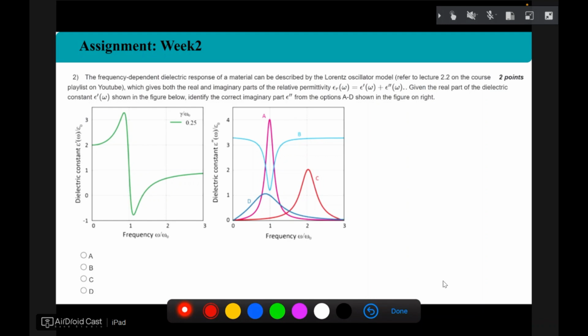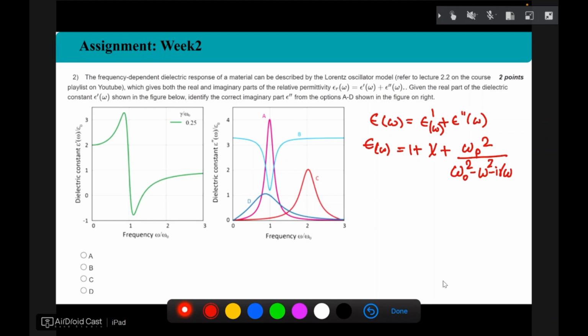If we remember, epsilon of omega is equal to epsilon prime plus i epsilon double prime. I will just talk about the real part also. We have this equation that epsilon is equal to 1 plus chi plus omega p square over omega naught square minus omega square minus iota gamma omega.